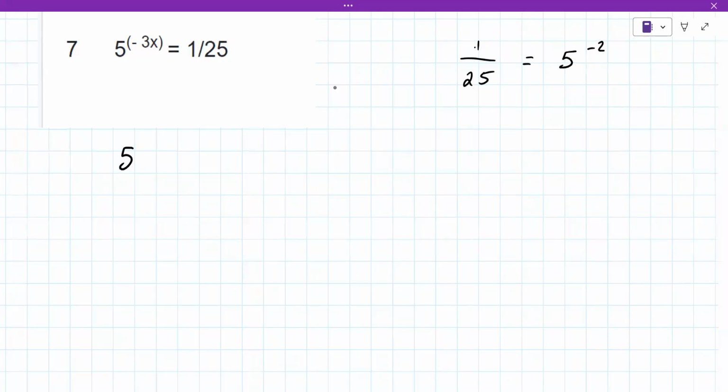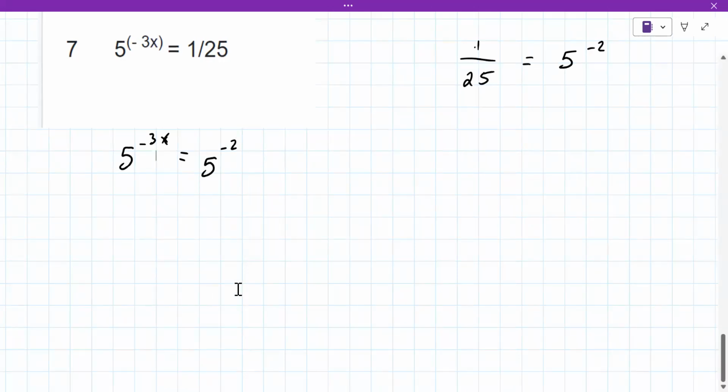So 5 to the minus 3x equals 5 to the minus 2. You set the exponents equal. So what did you write next after this?